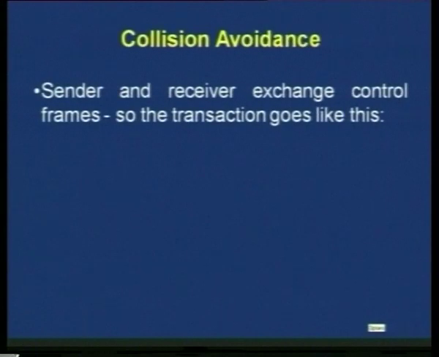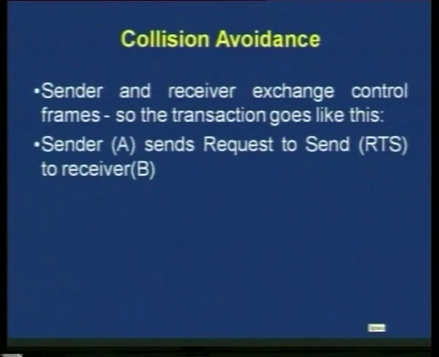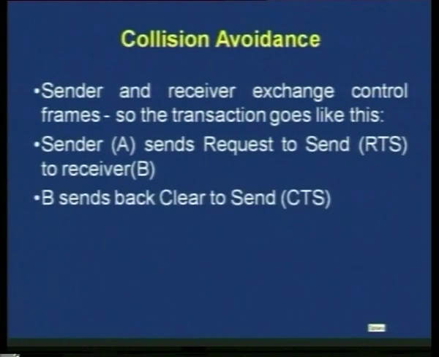What we do here is the sender and receiver exchange certain control frames before they actually begin transmission. So the transaction goes like this. Sender A will send what is called a request to send to the receiver, which is B. So A sends a request to send to receiver B. B sends back a clear to send, or a CTS frame.